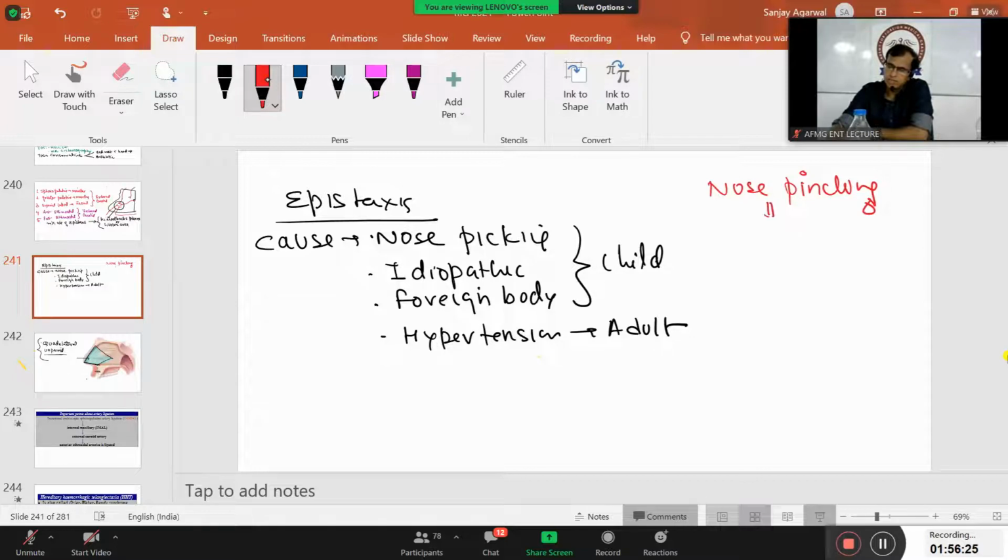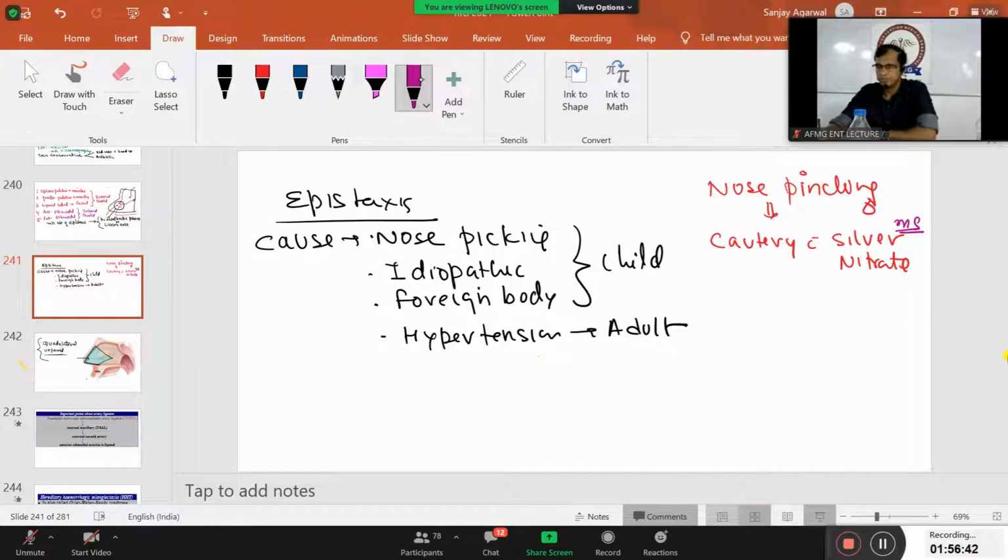If this fails, cautery with silver nitrate. Now this is another very important MCQ. For nasal cautery, what is used? Silver nitrate is an extremely important MCQ. If this fails, we have nasal packing.